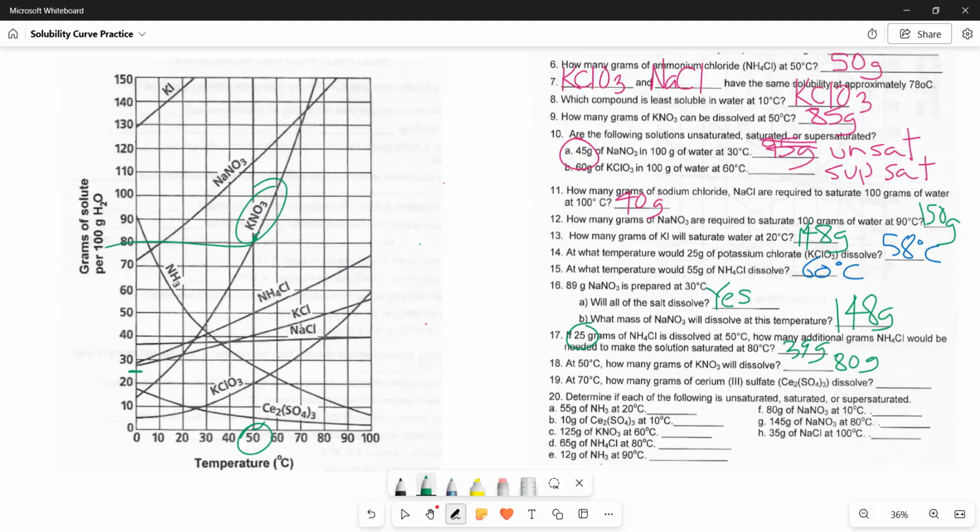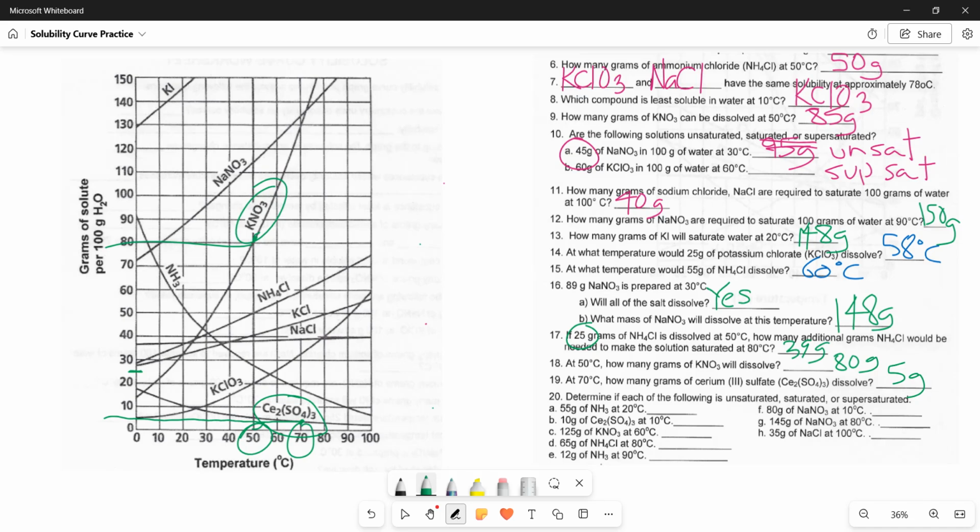At 70 degrees Celsius, how many grams of the cerium sulfate, which is right here, will dissolve? So at 70 degrees right here, not very much. It actually, with temperature, it has a decreasing solubility. So it's going to be about 5 grams.